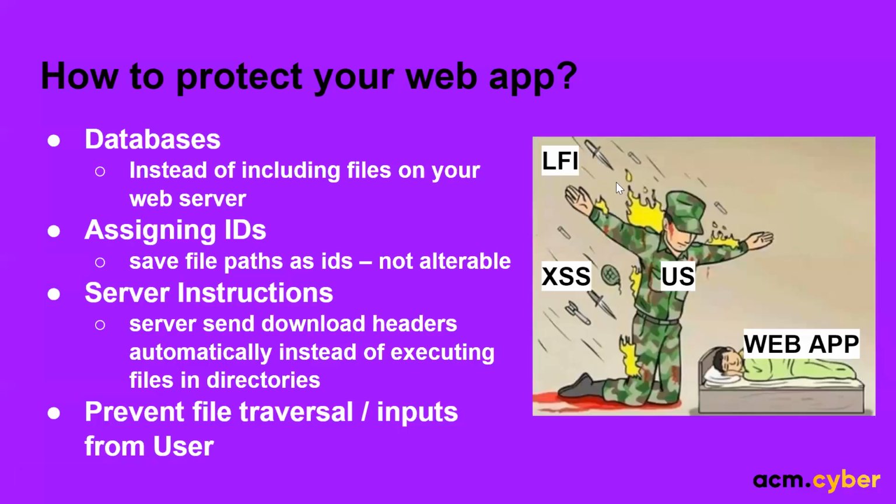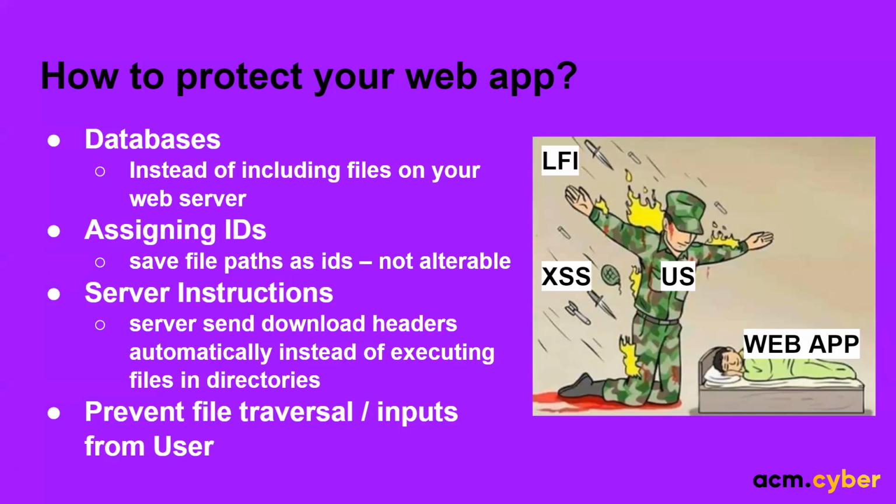And then other ways to protect your web app. By using databases, instead of including files on your web server, you can get the files from your databases, where a user won't be able to simply traverse your database. They won't have access to it. You can also, instead of using file paths, replace them with IDs. Obviously you can't change those IDs.